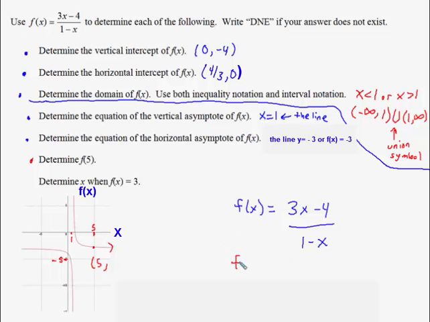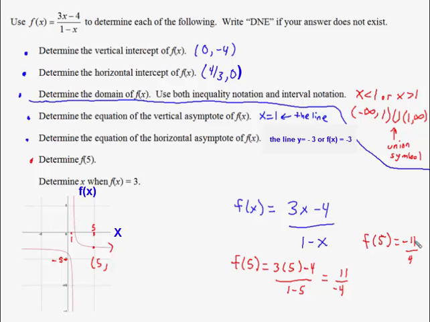So doing so would be f of 5 equals 3 times 5, subtract 4, and then in the denominator I'd replace this x with 5, and simplifying I would get that 3 times 5 is 15, 15 minus 4 is 11, and 1 subtract 5 is negative 4, so I get that the answer is f of 5 is negative 11 fourths.